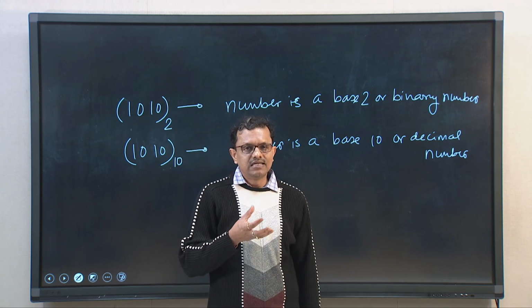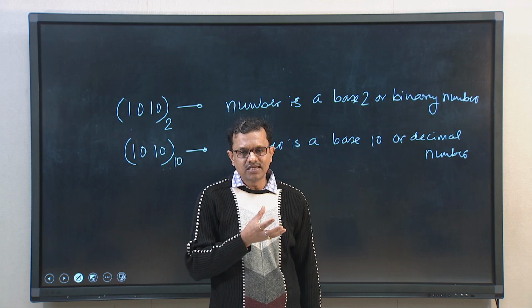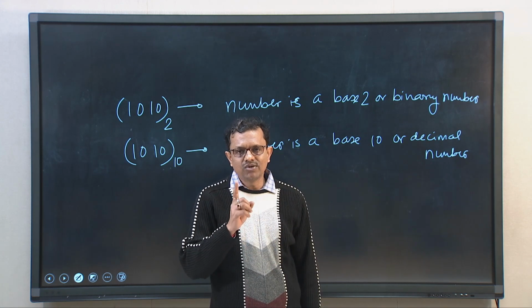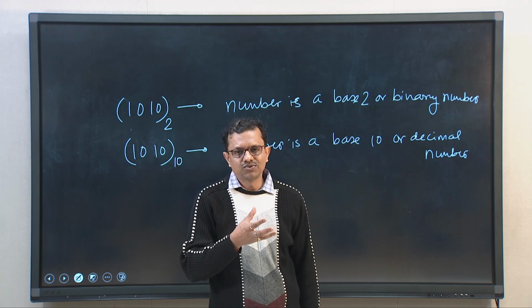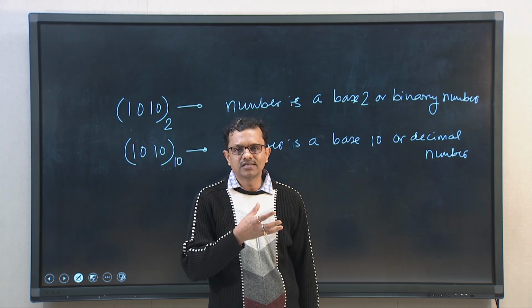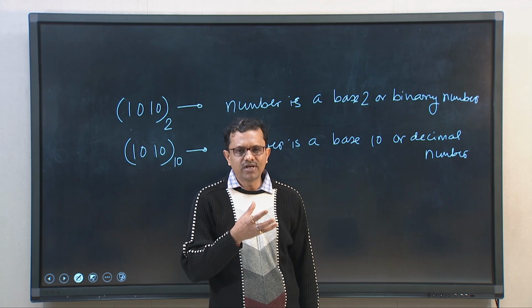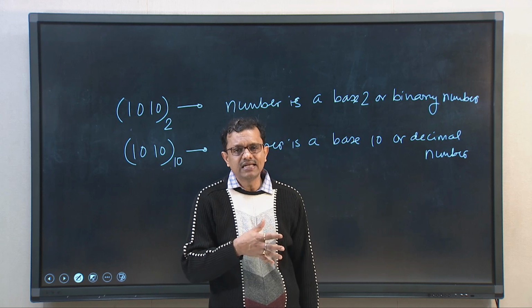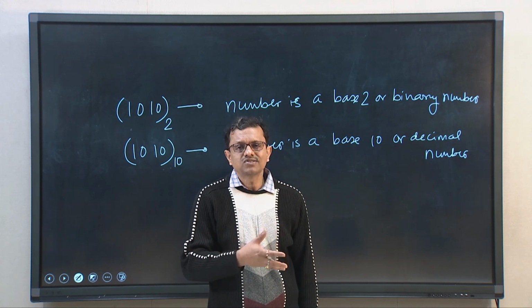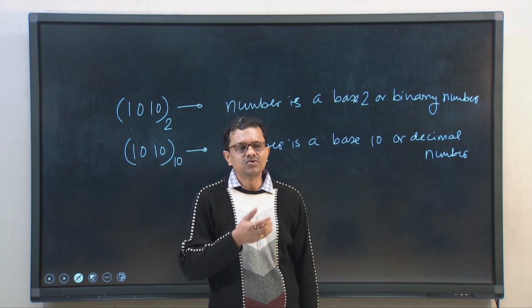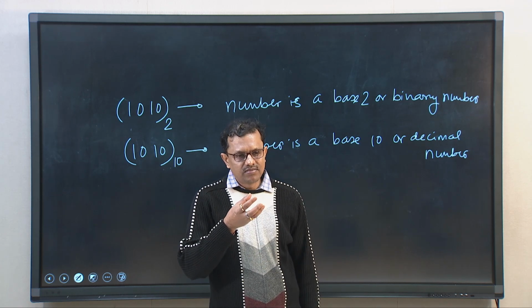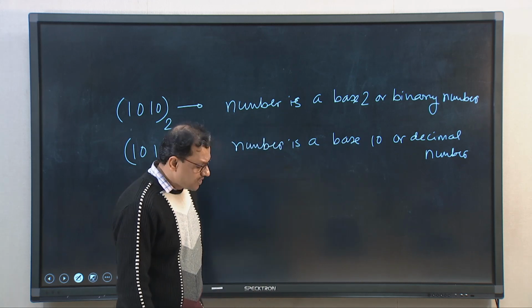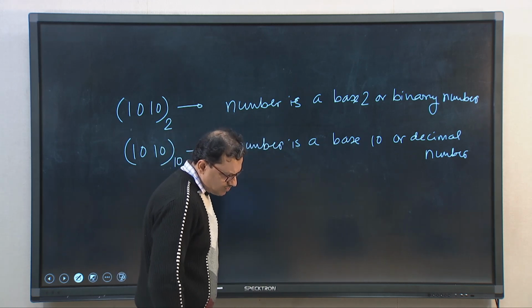A digital circuit will understand binary numbers, essentially 0 and 1, because the transistor acts as a switch, operating in cutoff and saturation regimes. So, any decimal number has to be converted into a binary number to allow the digital circuit to understand.